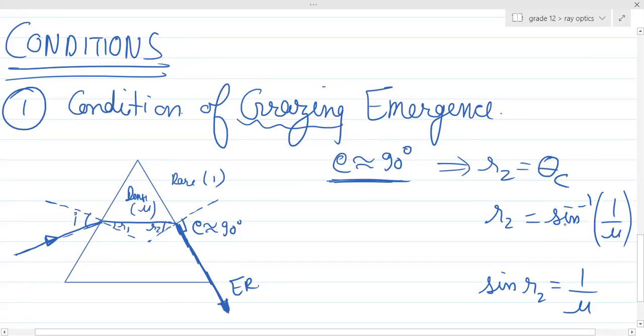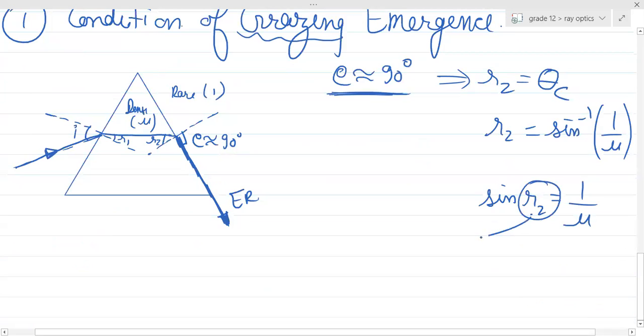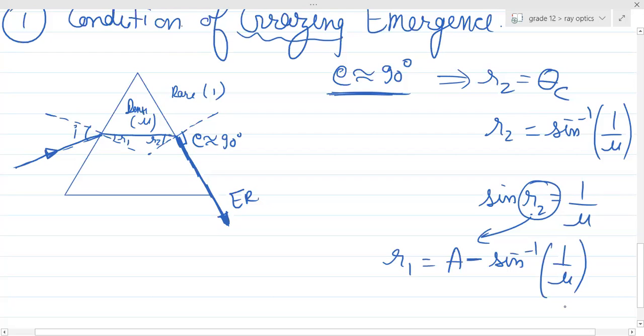So depending upon this R2, we can calculate R1. R1 will be A minus sin inverse of 1 by mu, right? Am I correct? And depending upon this R1, can we calculate I from the Snell's law equation?